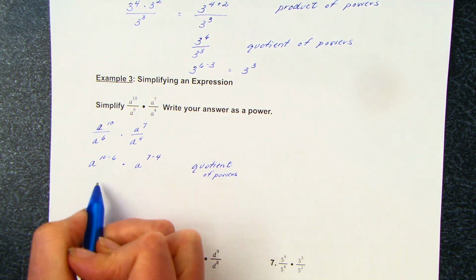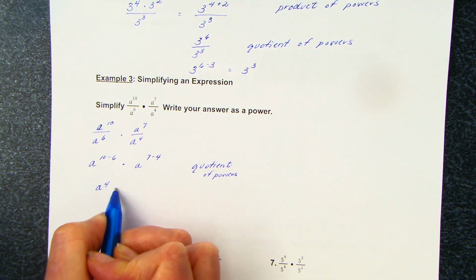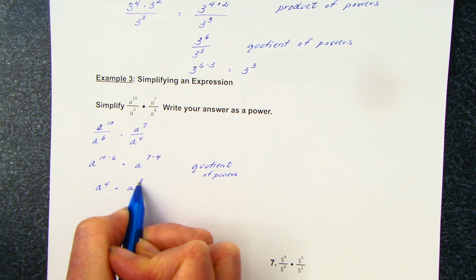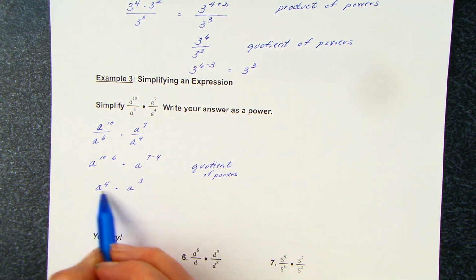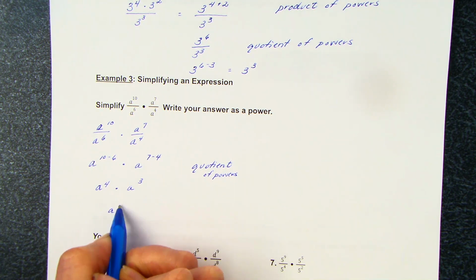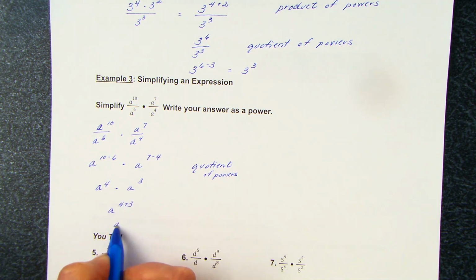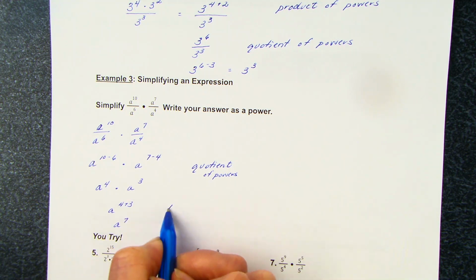And then a to the 10 minus 6 is a to the 4th times a to the 3rd. And then I can simplify that using the product of powers, because now I've got a to the 4 plus 3 power, which is a to the 7th. So then I used product of powers here.